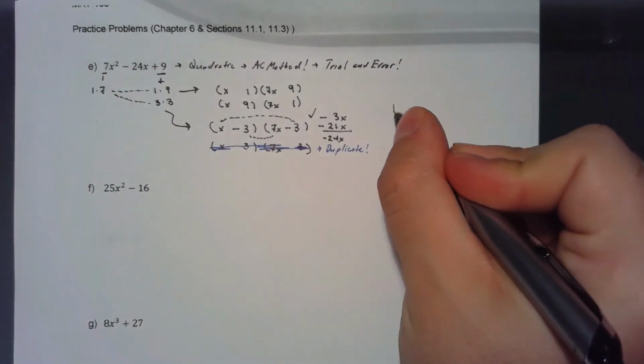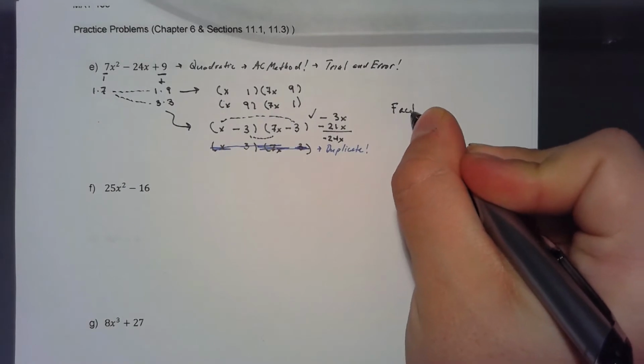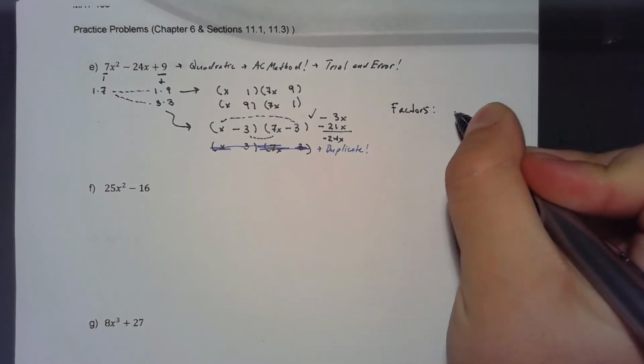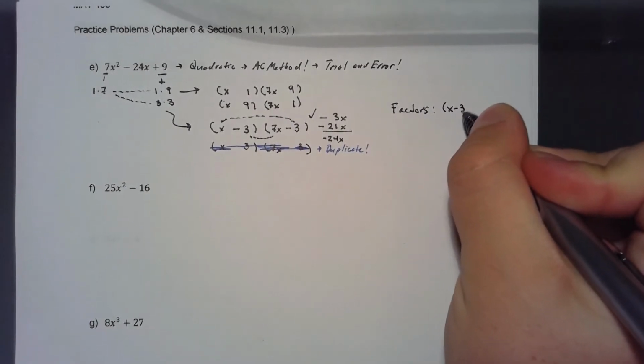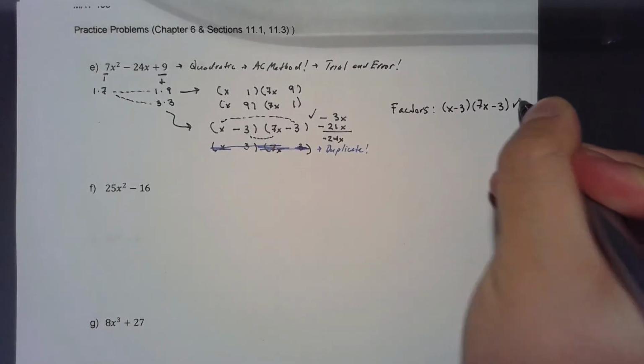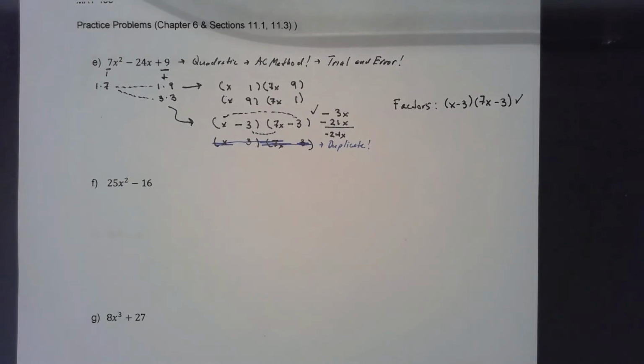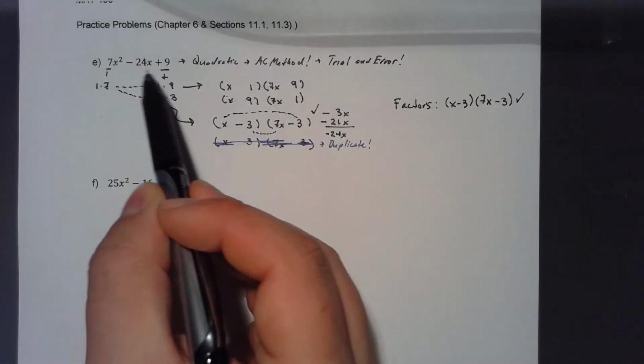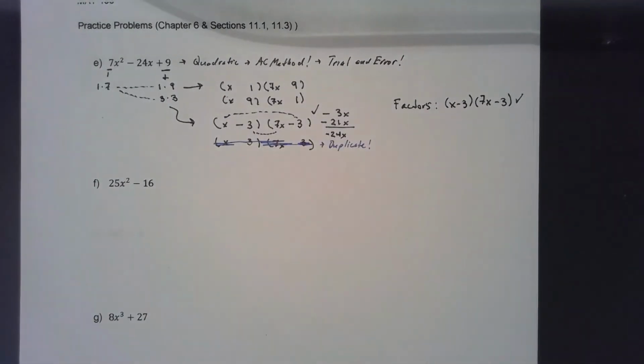My factors are x minus 3 times 7x minus 3. And that's it. So just because you have big numbers here doesn't always mean trial and error will be bad.